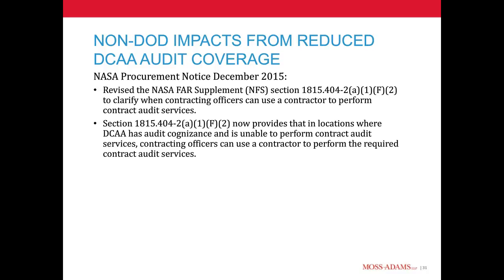So they addressed that recommendation from the report we were talking about and actually changed their FAR supplement. And so this was a helpful development to address the risks that the agency is facing. It was a proactive approach, and hopefully other agencies will follow this approach to clarify how they're going to address the situation.